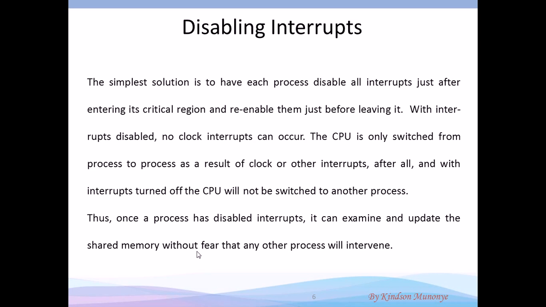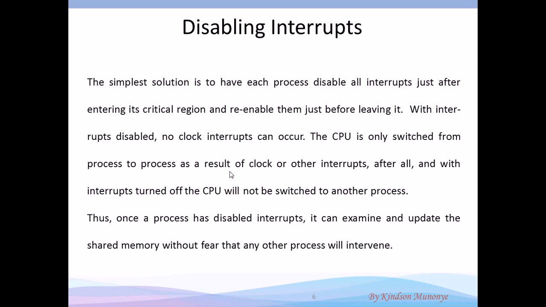Now, if you disable interrupts, it means that if a process is using a shared resource, it prevents itself from being interrupted by another process. Then, when it leaves the critical section, it re-enables the interrupt. So now, let me just read some part of the write-up. The CPU is only switched from process to process as a result of clock or other interrupts.